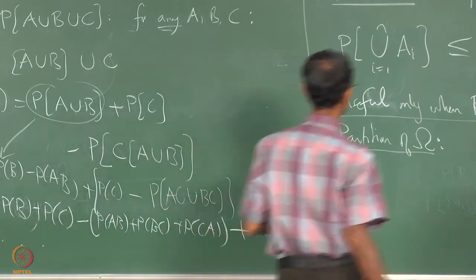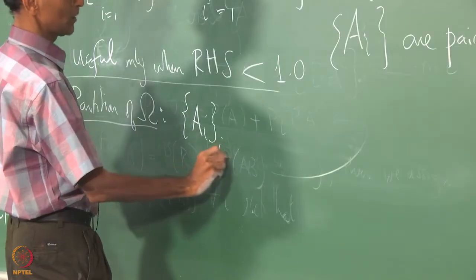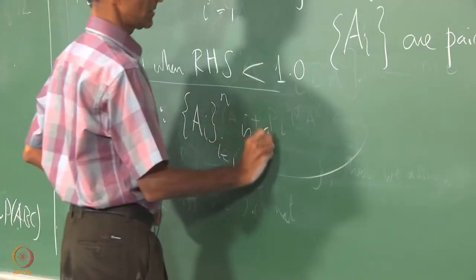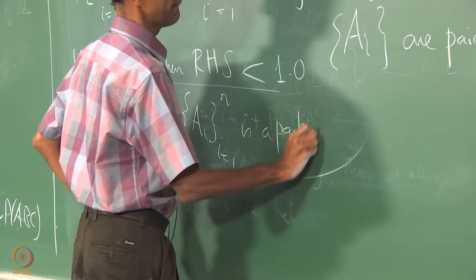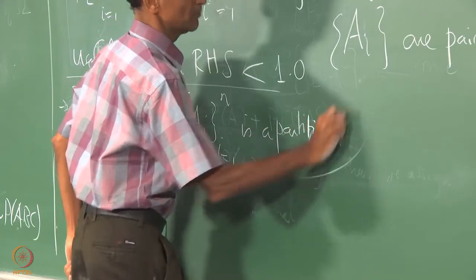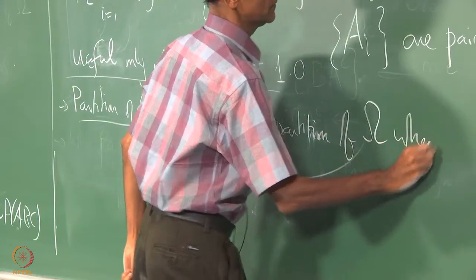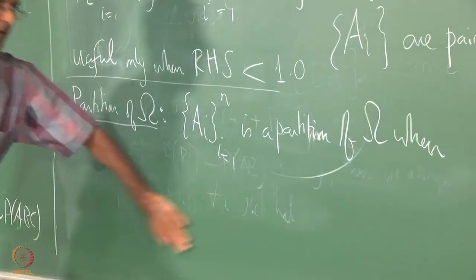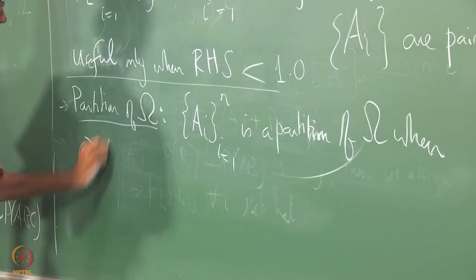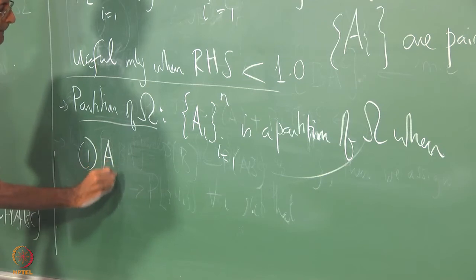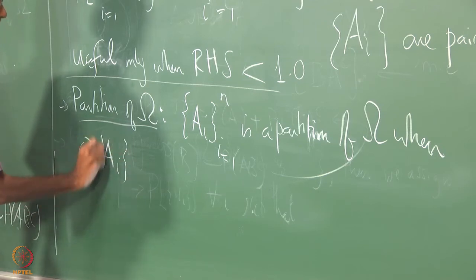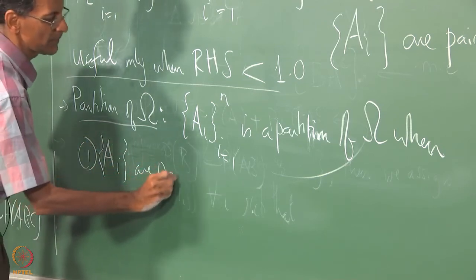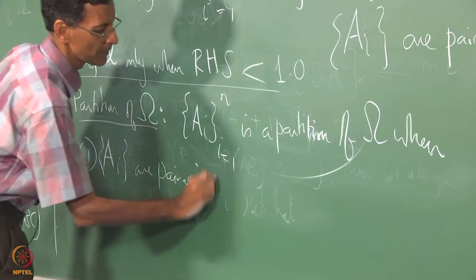So this A_i, let us say i equal to 1 to n, is a partition of omega when what? Two things have to hold. One, the A_i are pairwise exclusive.